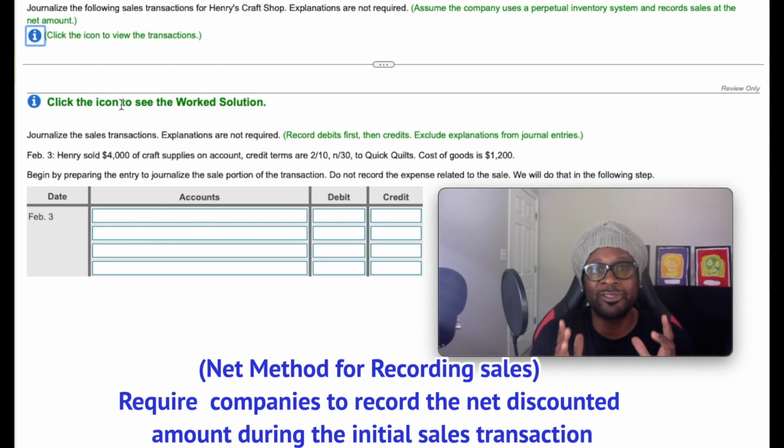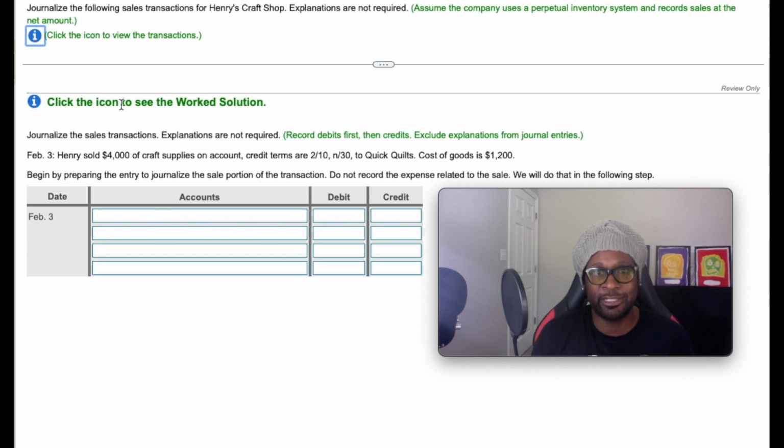Sometimes companies will net the discounted amount to the initial sale transaction. Sometimes companies won't. But in this particular problem, the companies are, which means that the initial sales amount will have the netted discount from the sales price.